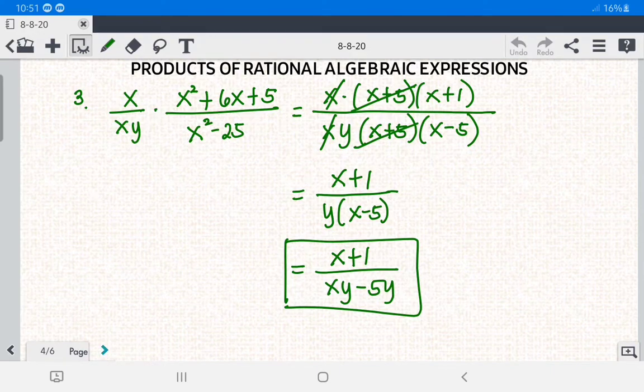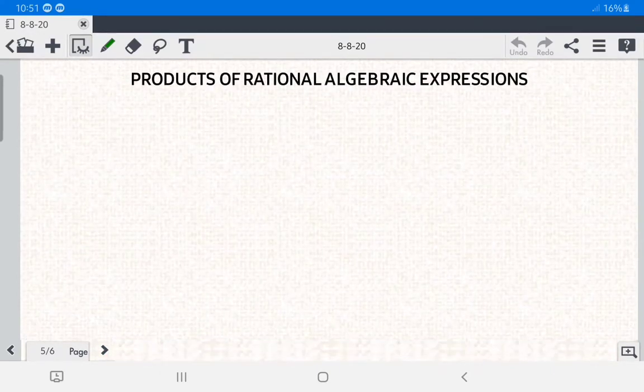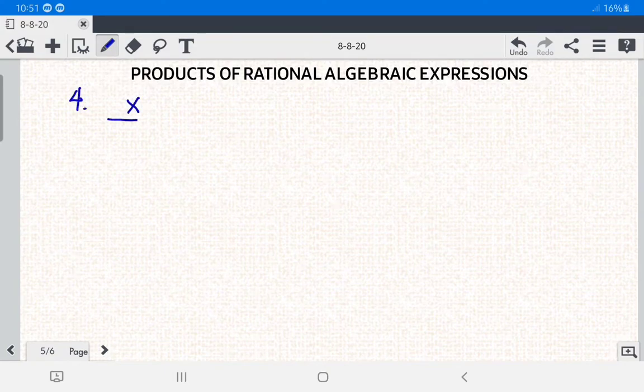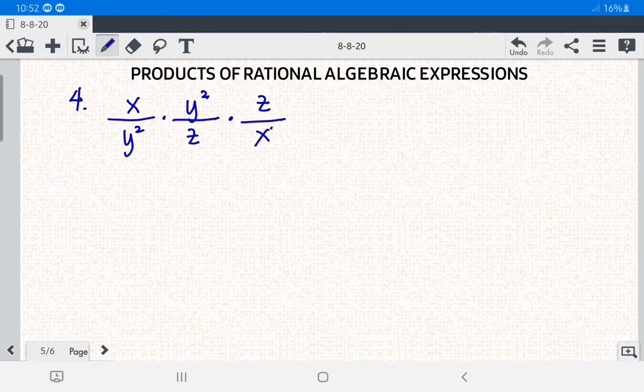Okay, next. For number 4, let's say we have x over y squared times y squared over z, then times z over x cubed.